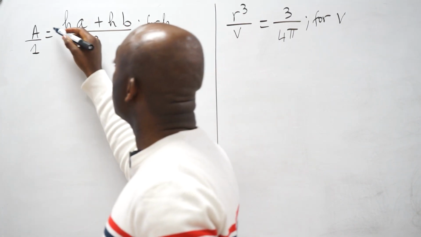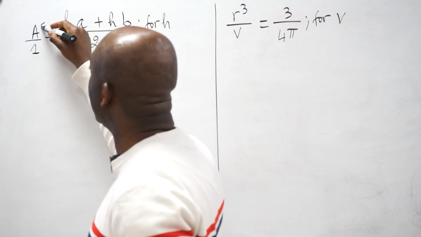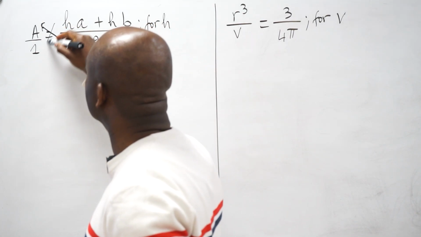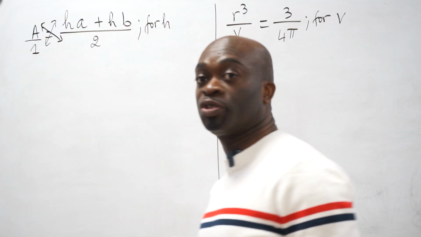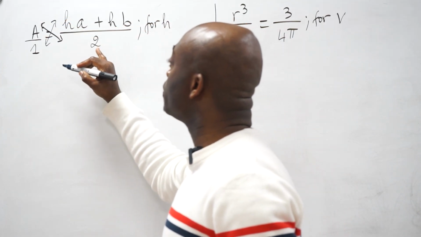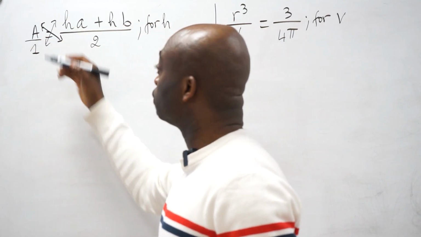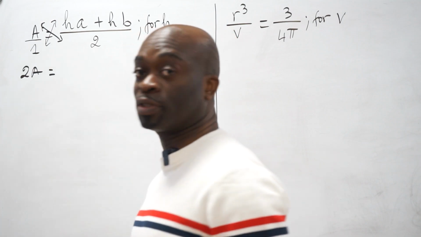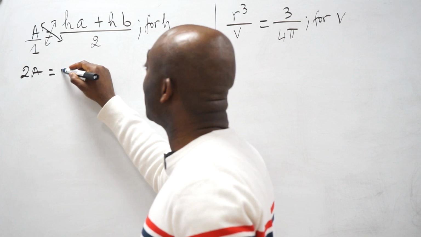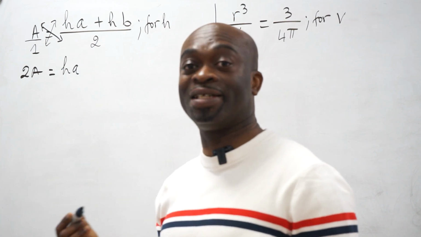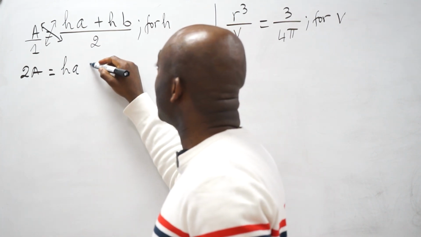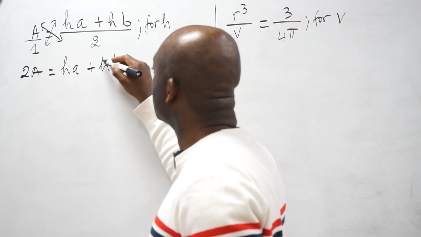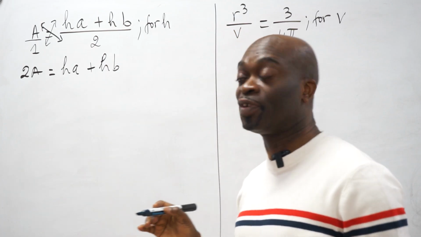So you cross multiply those two: 2 times a, which is 2a, equals 1 times ha, plus hb. 1 times anything stays the same, so no changes for that one.